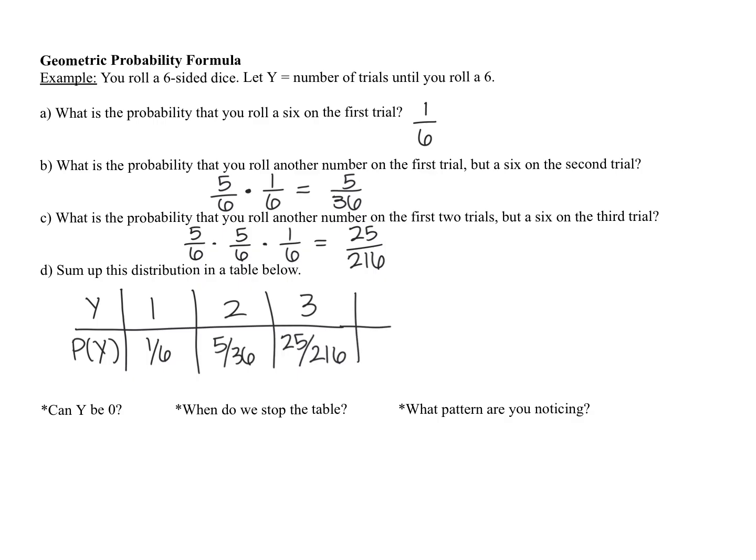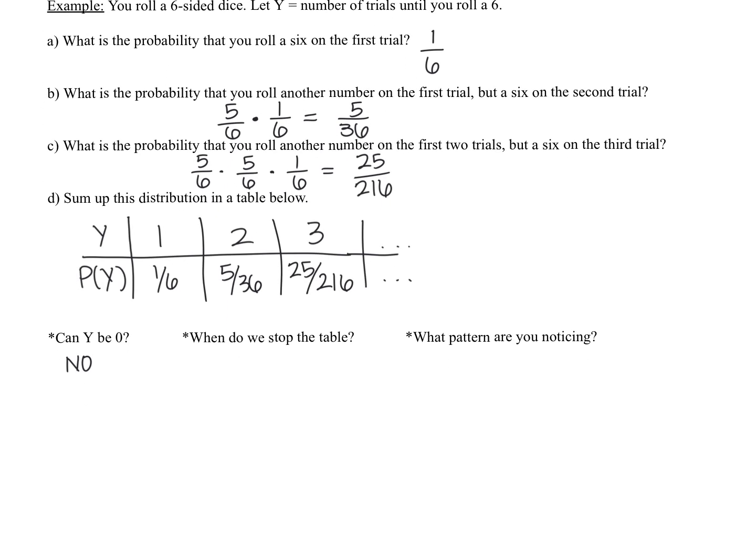We could technically keep going if we wanted, right? We could say what's the probability it happens on the 4th or the 5th. So one thing to think of is, can Y be 0? And in this case, the answer is no, because you are looking at successes, you have to have at least one trial with a success.